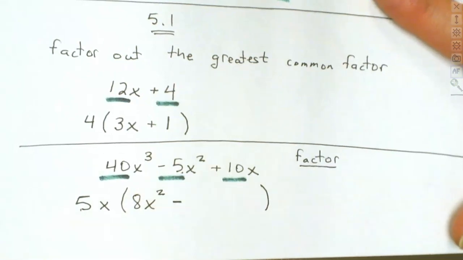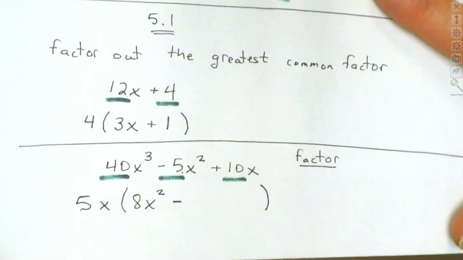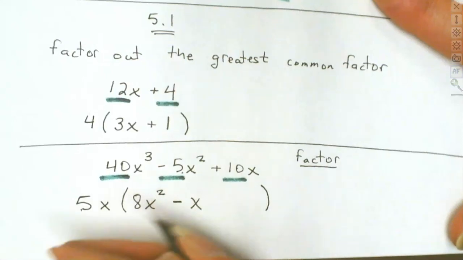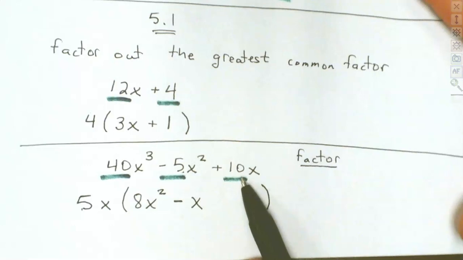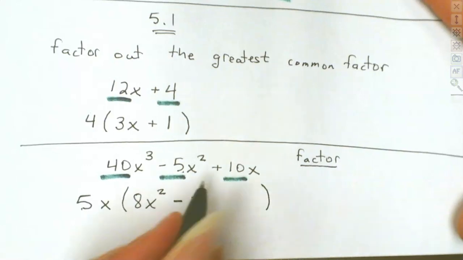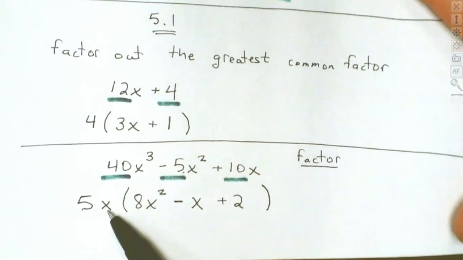You don't need to write the 1. You can, but we're not going to in this case. And then what about the x's? We've got 2. Take out 1. That leaves you with minus x. And what about the last piece? Well, 10 divided by 5 is a 2, and the x's will come out and cancel out.